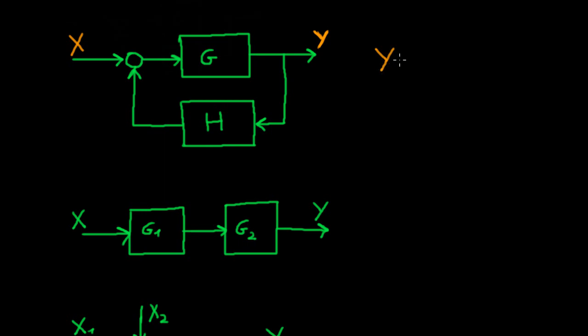Here, as you see, y is equal to g times what we have here. And what do we have here? Well, we have x plus, since there's no sign here, we assume that the signals are added. So x minus h times y.